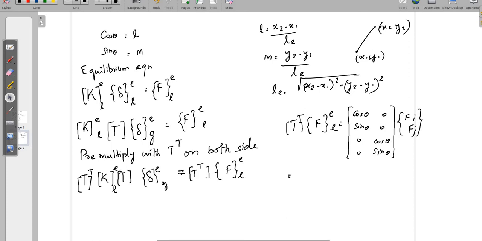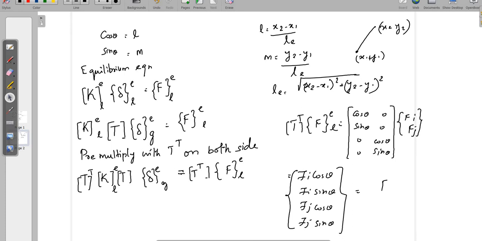If you multiply Fi with this matrix, we get Fi cos theta, next Fi sin theta, Fj cos theta and Fj sin theta. So we get this as the resultant. What it means is it is the force vector for the element in the global coordinate system.